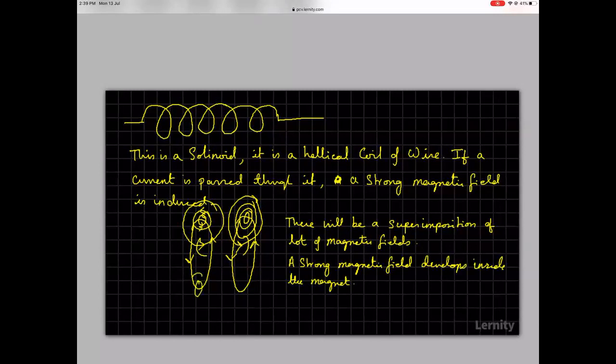Here also there will be a good magnetic field. They are all in the same direction, so there is a superimposition of lot of fields, and because of that a strong magnetic field develops.